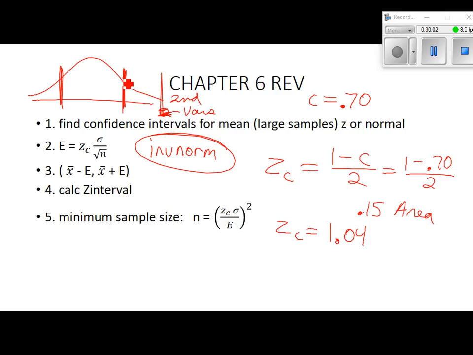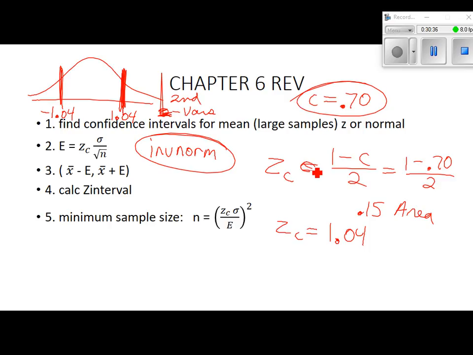So on our chart here, what's this number right here that goes along with this critical value? 1.04. What's the one that goes along with this one? Negative 1.04. So to find the z-score, if it's some crazy confidence level, if it's not one of these four right here, 80, 90, 95, or 99, then we do this. 1 minus c divided by 2.